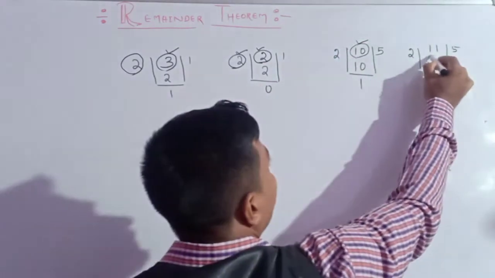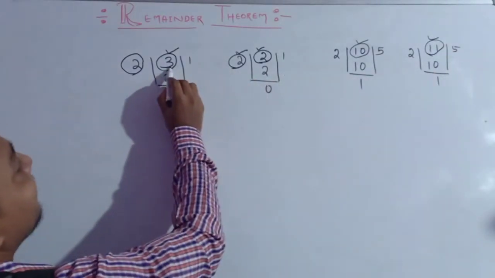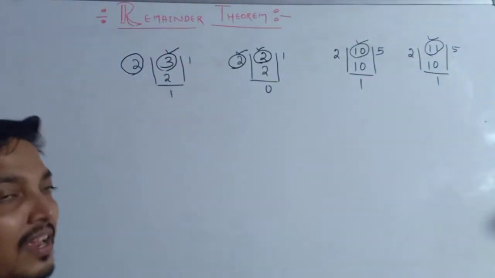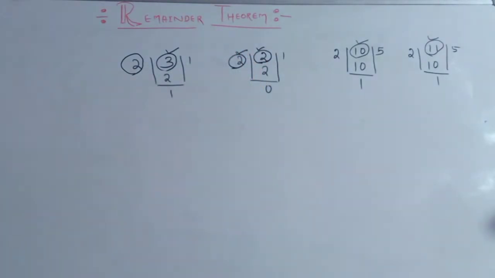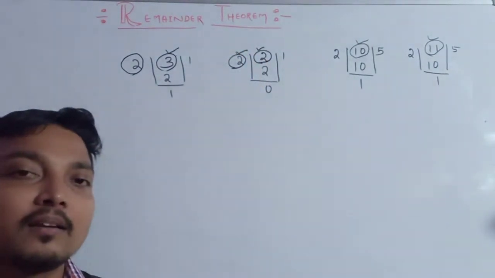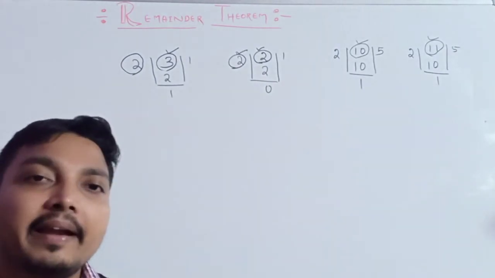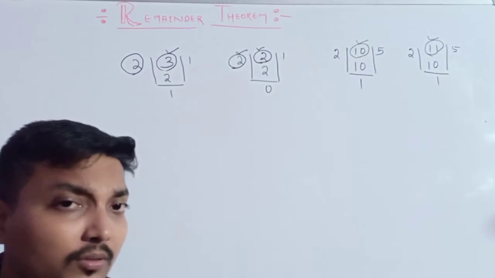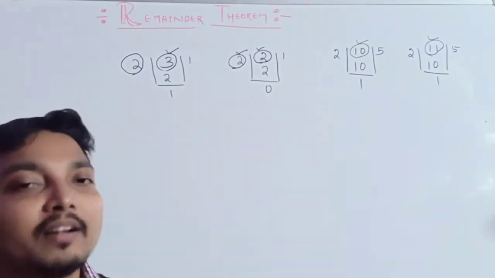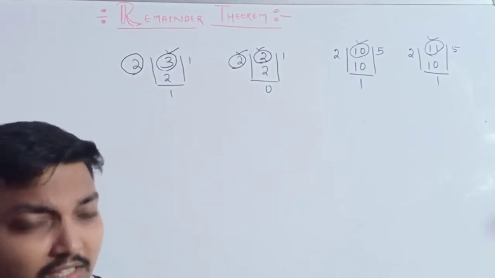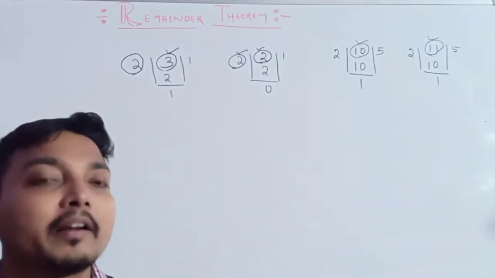Here also the dividend is more than the divisor. And here the dividend is equal to the divisor. So it means that on dividing one number by another number, the dividend will either be equal to the divisor, otherwise it will be more than the divisor. Understood or not understood?